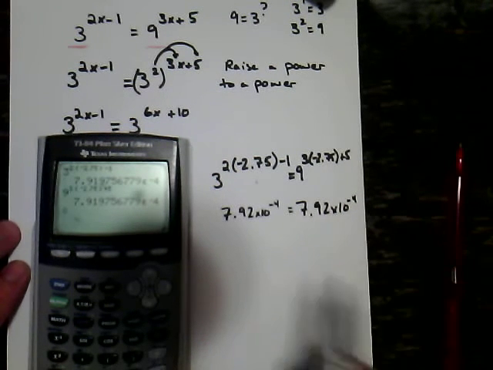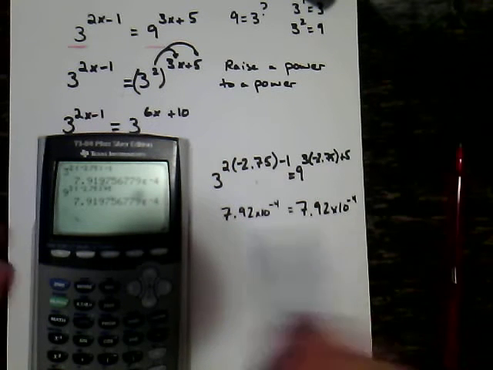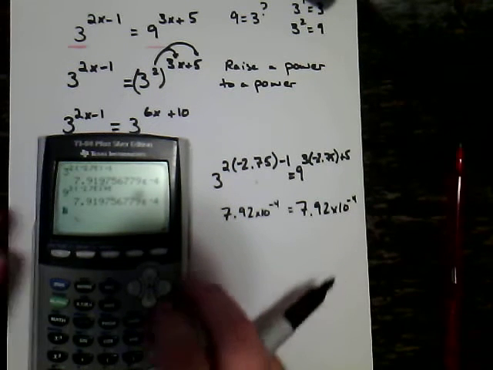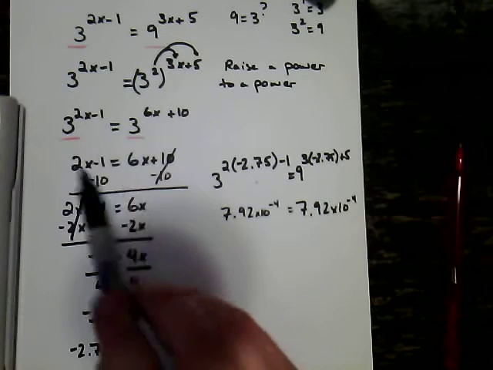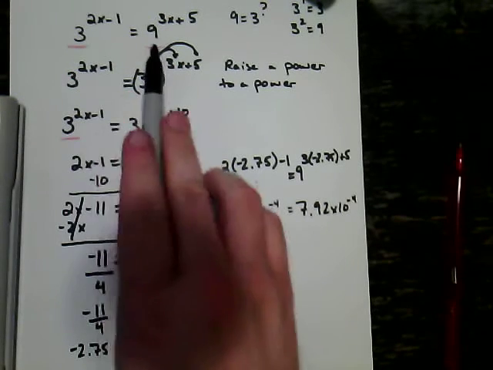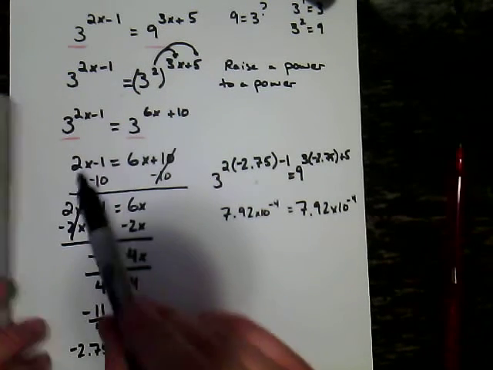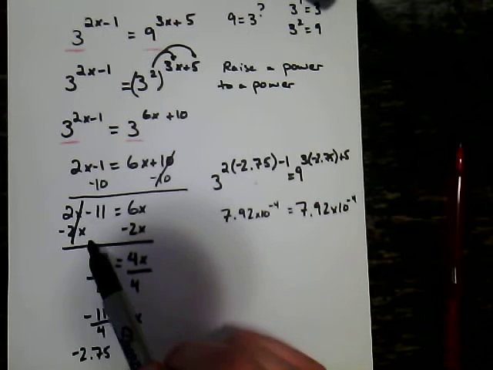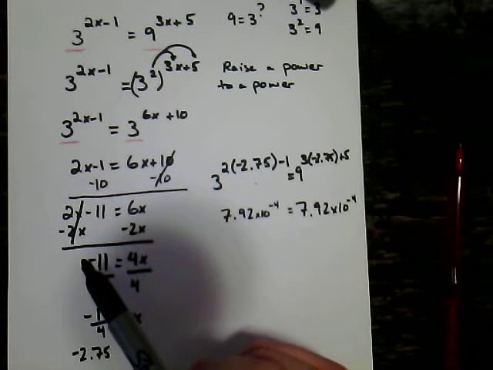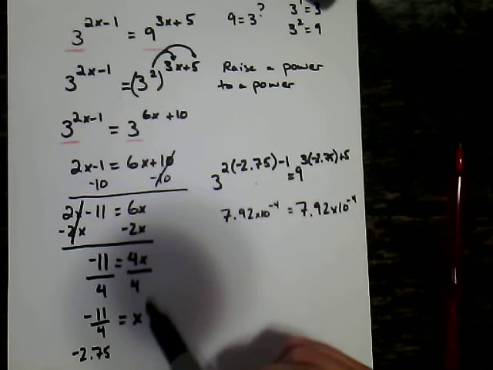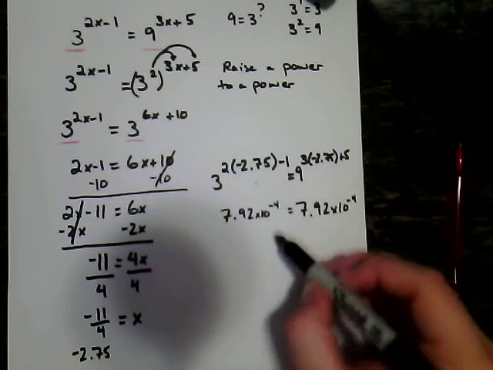Okay, so the fact that these numbers are so small, that's okay. All we need to worry about is these exponents being equivalent. Okay, so once we get our bases the same, which we did right here, then we can set our exponents equal to each other and then solve for our variable. All right, so that's checked out.